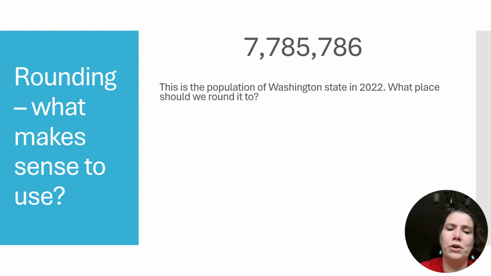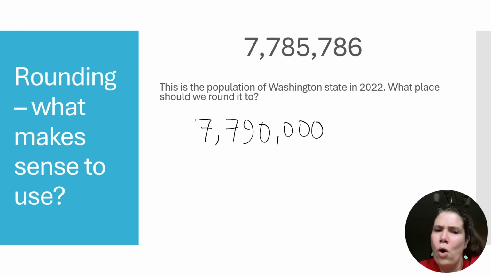So if we were looking at an article comparing different states, then rounding to the nearest million might not help that much because there might be a lot of states that are close to 8 million. But if we're trying to clarify between other states that have similar populations, maybe we would want to round it to the nearest 10,000.